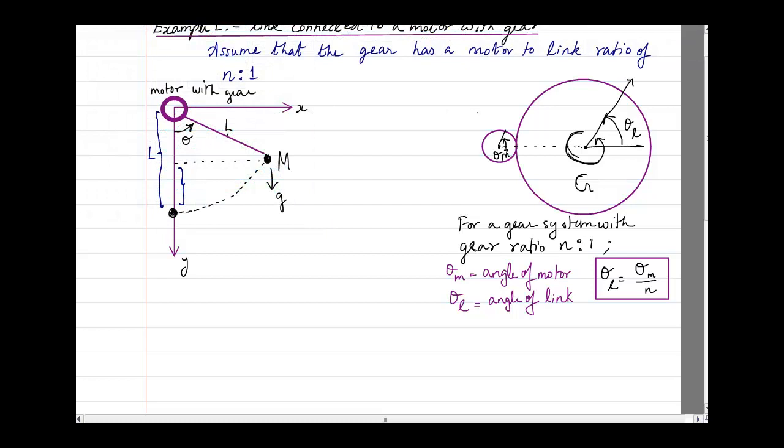Suppose the moment of inertia of the circle that belongs to the motor is Jm, and the moment of inertia of the gear, I am going to write as Jl. And what is moment of inertia? It is mass into the radius square.